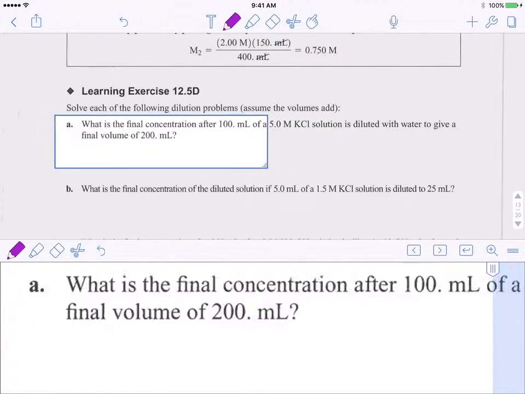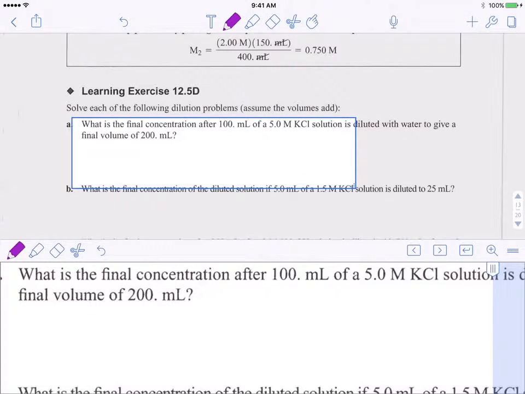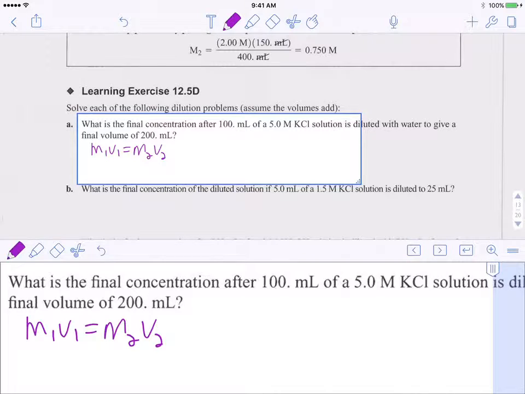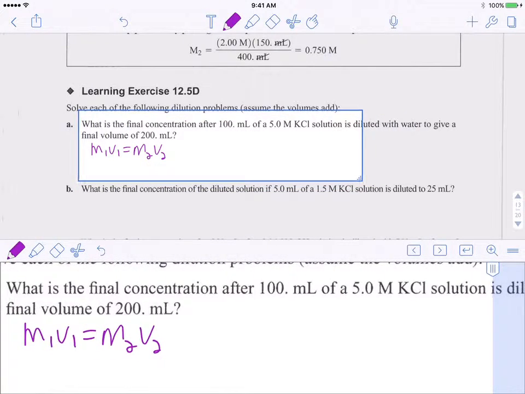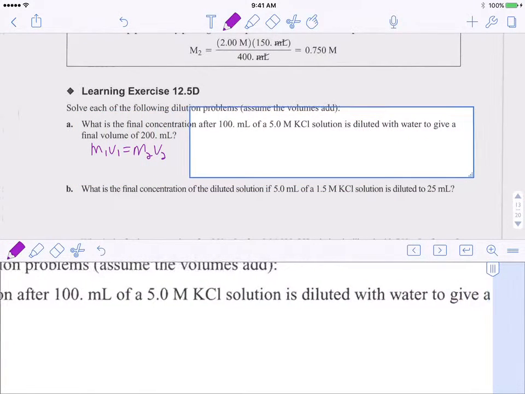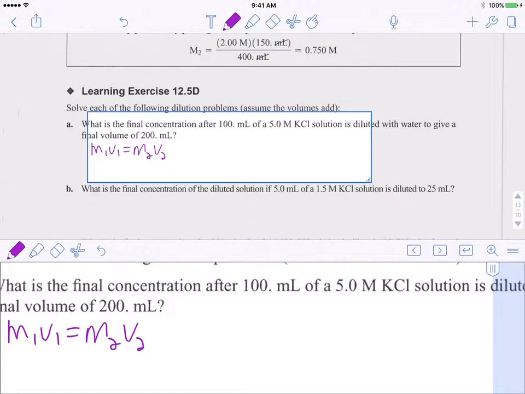Alright. Last but not least, M1V1 equals M2V2. So, I'm going to go through and just start labeling things. What is my final concentration after? So that means this is first. My final concentration would be M2.